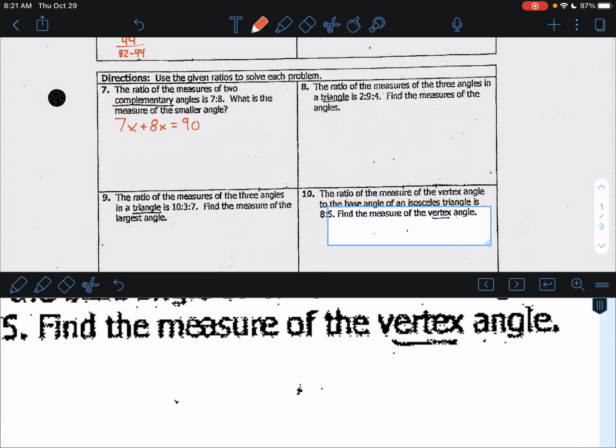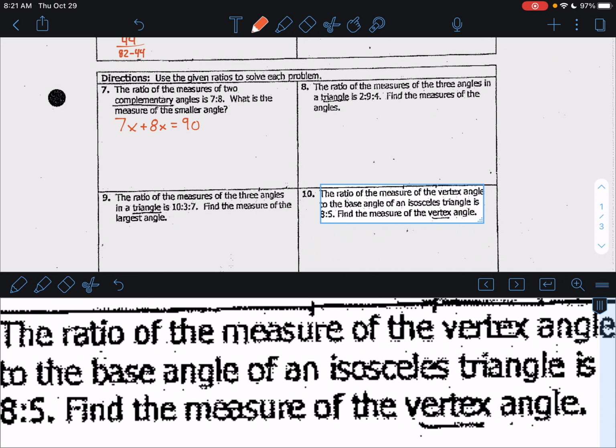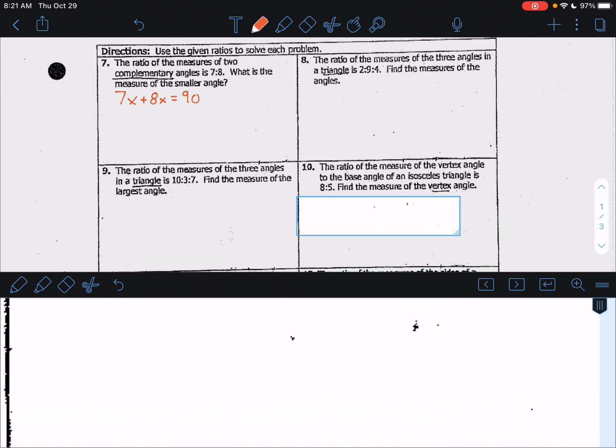For number 10, the ratio of the measure of the vertex angle to the base angle of an isosceles triangle is 8 to 5. Find the measure of the vertex angle. So remember, with these isosceles triangles, we have 1 vertex angle and 2 base angles.